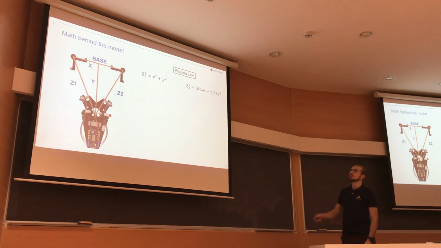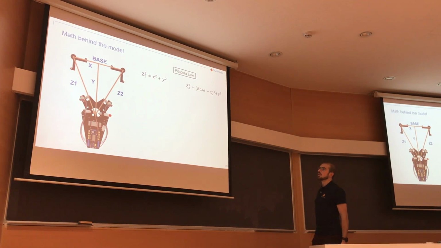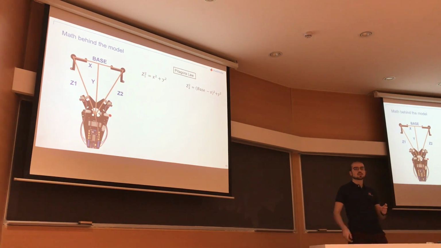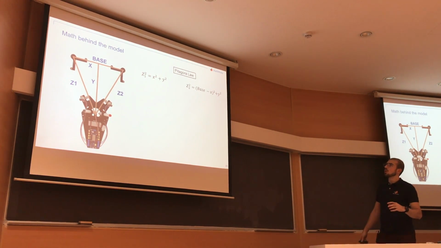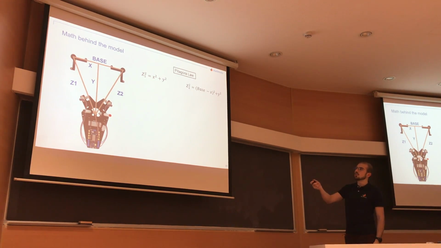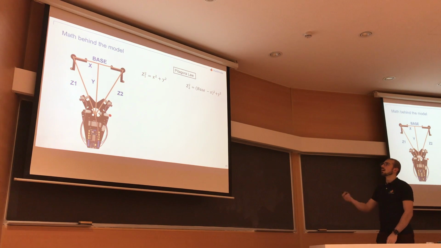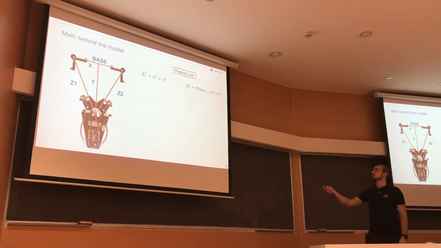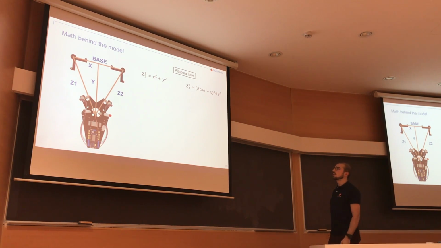we can develop a simple, easy way to refer to where the drawing robot is on the whiteboard using the Pythagorean law. So we can define Z1 easily as x squared plus y squared, and Z2 as the complementary one.